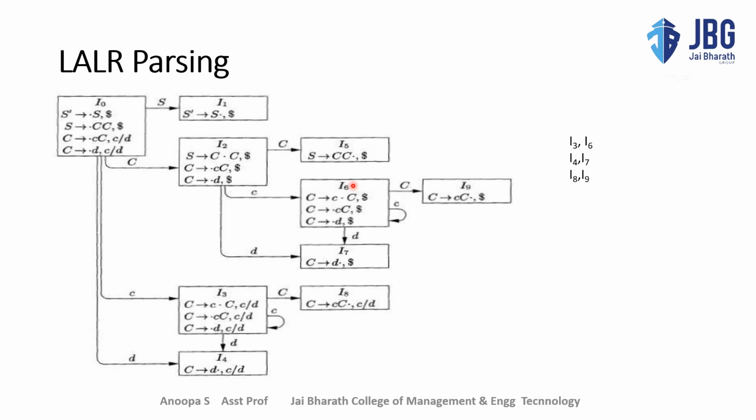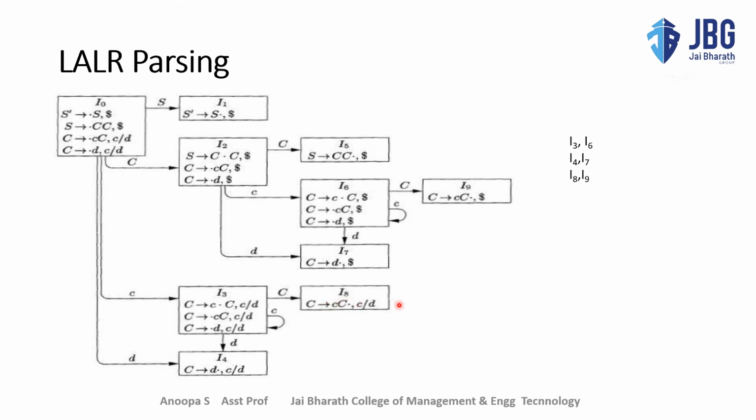3 and 6 will form a single state 36. Similarly, when you look at the state I4, C giving d dot, I can find one more state, I7, where the same production is there, with only a difference in lookahead symbols. So I can merge I4 and I7 into a single state I47. Similarly, I8, C giving cC dot, and I9, C giving cC dot: the lookahead symbols are different, dollar and c or d.